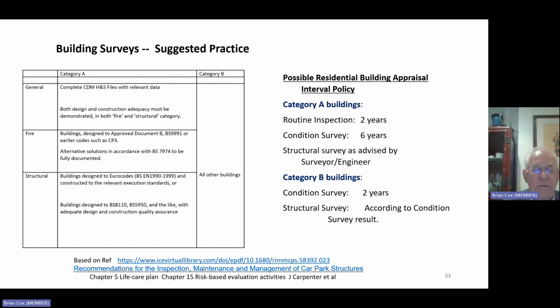So a category B building, which might be a pre-war building, for example, should be surveyed every 2 years, and the structural surveys according to condition. So this is just a suggested practice. It's what was recommended for car parks, and I think it perhaps can be applied to HRB type buildings as well.